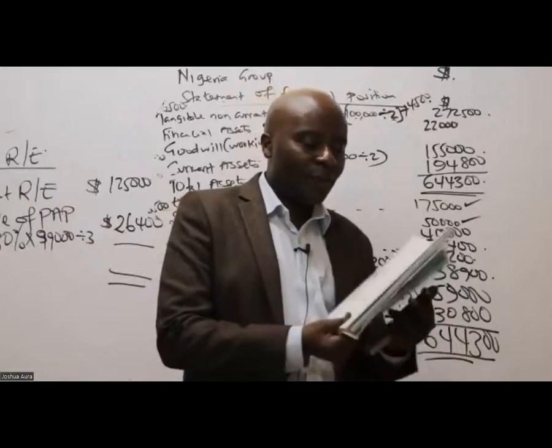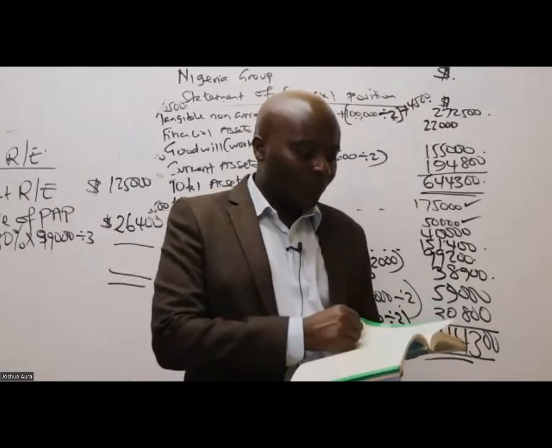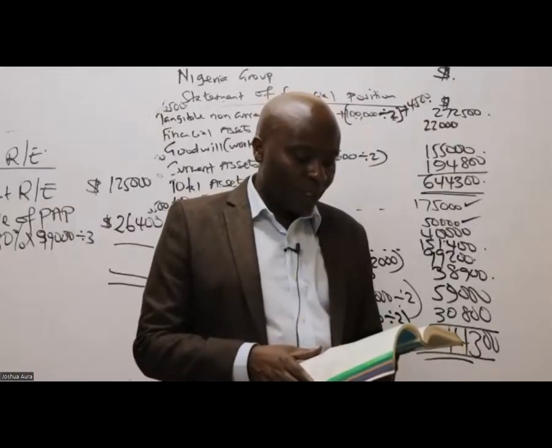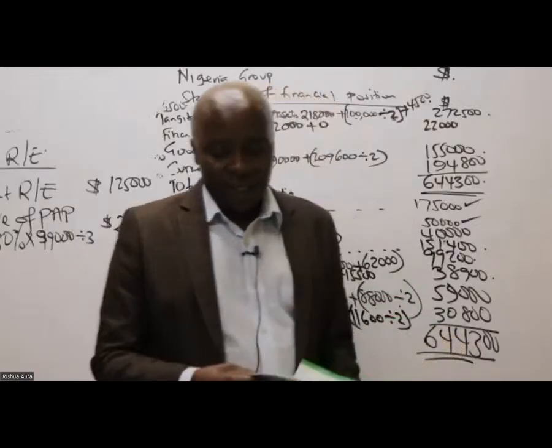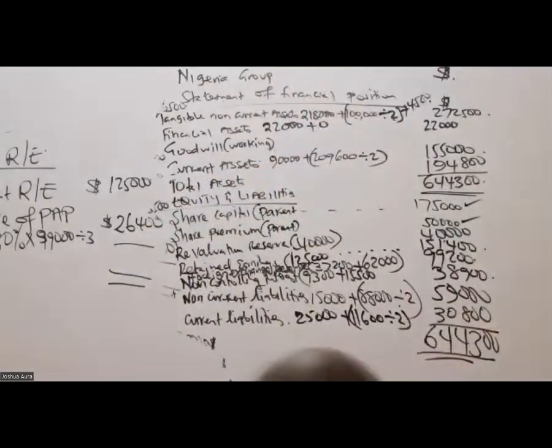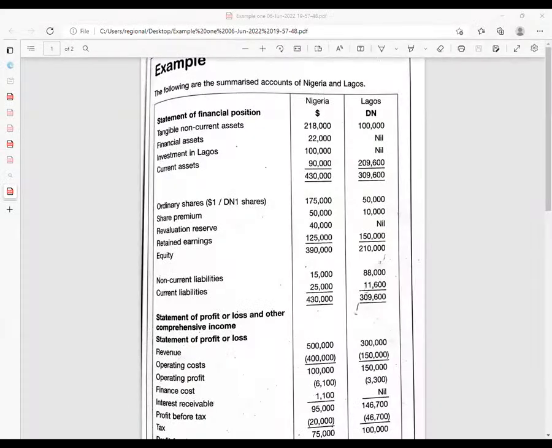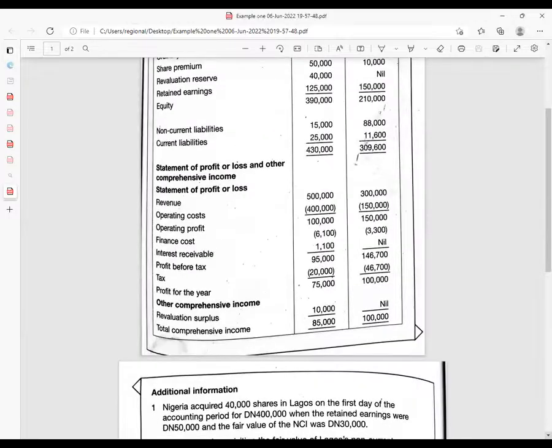Now, ladies and gentlemen, given this little time left, we need to go ahead and capture the income statement. The income statement is very easy, the easiest, the consolidated income statement. They have given us a statement of profit and other comprehensive income.